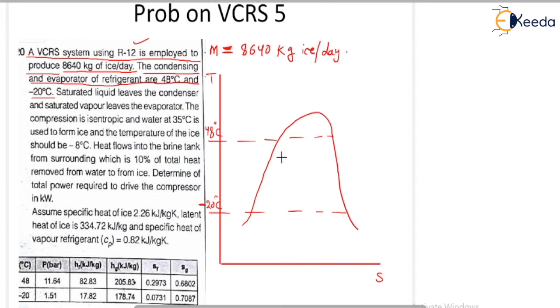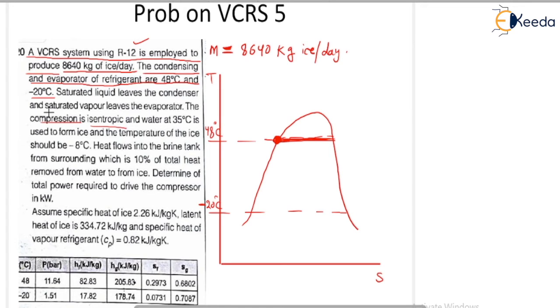This is our condenser exit point. Saturated liquid leaves the condenser, that means from here, and the compressor is isentropic.